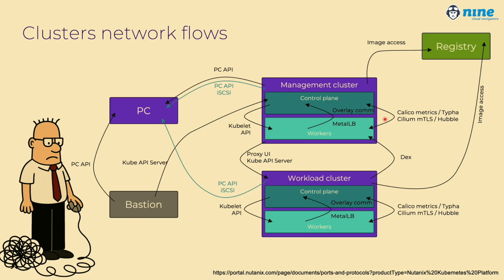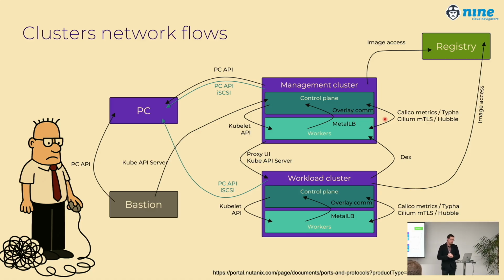So how it works in a Nutanix way is you have your bastion host configured, your management cluster with a control plane here, and your worker nodes below. As you can see here, we are all on Kube API, so everything is connected to Kube.